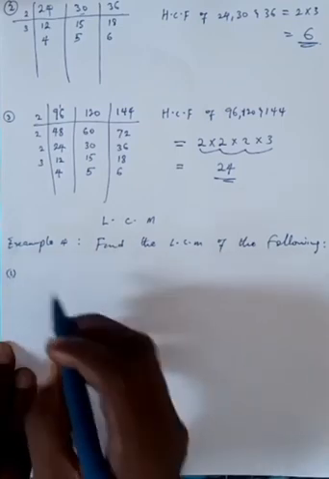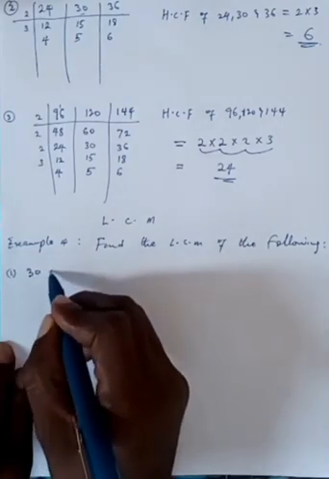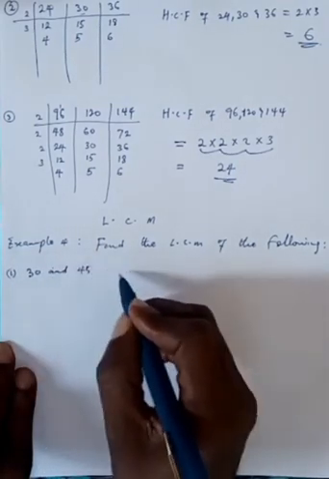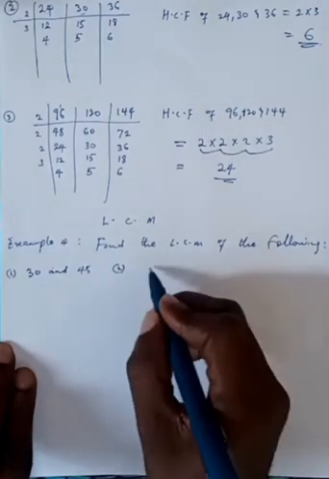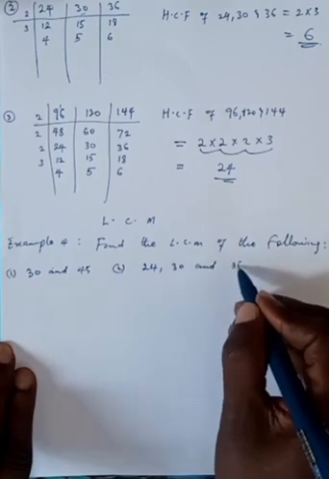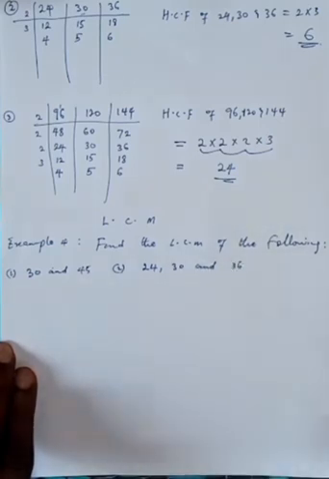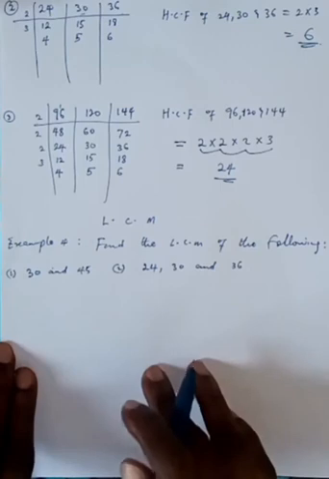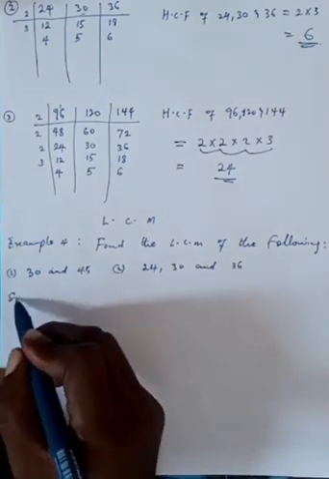Number 1, 30 and 45. Number 2, 24, 30 and 36. Now let's make it the 2 examples. So solutions now.